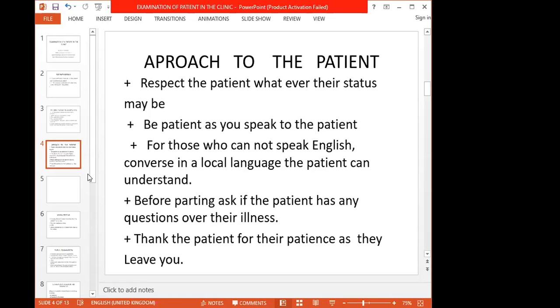Oh, you'll be the darling of the patient. She opens up to you to tell you the truth now. So before parting, ask the patient if the patient has any questions over their illness. And as they go, please thank the patient for their patience as they leave you.